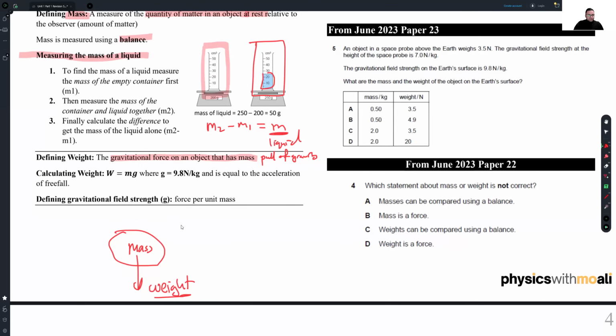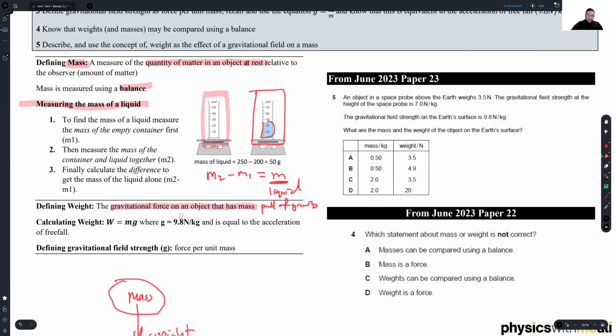Keep that in mind. We calculate weight using W equals mg, where m is mass and g is, you can just call it gravity, but the proper definition is gravitational field strength or acceleration of free fall. And it has a value of 9.8 newtons per kilogram, as long as the question has not stated otherwise.